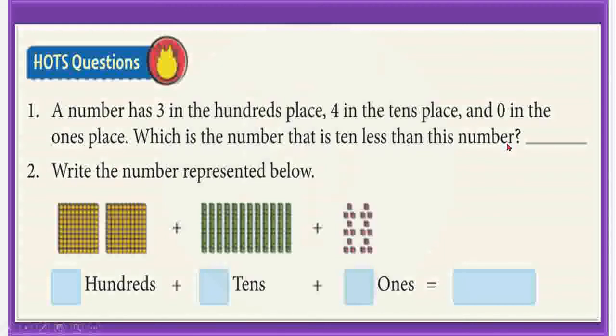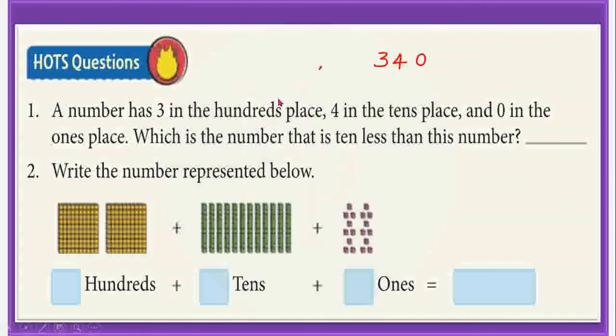So here the number given in the first sentence is a number that has 3 in hundreds place. Let us write as it is instructed there. 3 is in hundreds place of the given number and 4 is in tens place. So there is 4 in tens place and 0 in the ones place. The resulting number is 340.